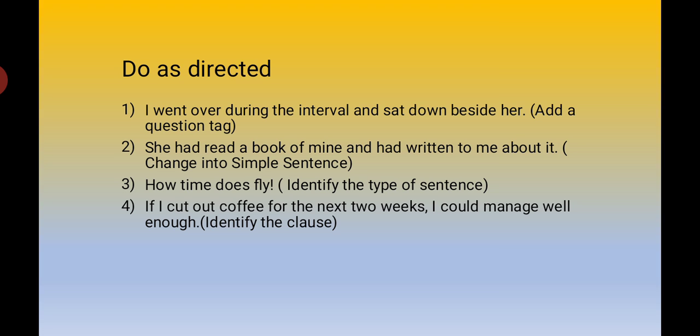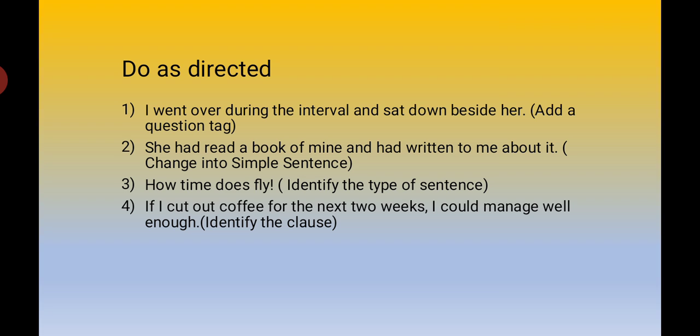Now, identify the clause. This question I didn't ask you purposely. If I cut out coffee for the next 2 weeks, I could manage well enough. Identify the clause. If I cut out coffee for the next 2 weeks. What is the name of this clause? Can you tell me the main clause?